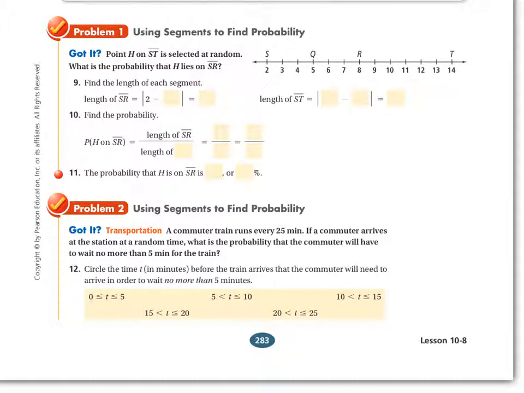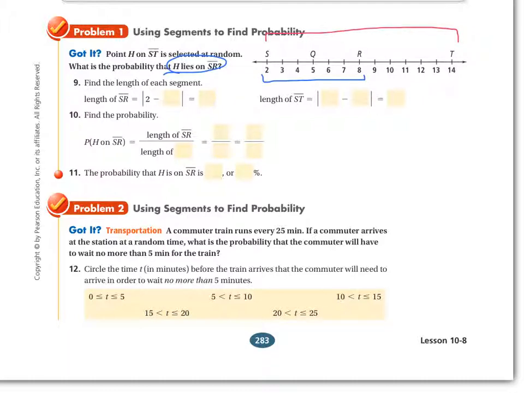So for problem 1, we want to know point H is somewhere from S to T. Do you see point H anywhere there? No. They're saying it's somewhere there. It's selected at random, and they want to know what is the probability that H lies on line segment from S to R. So what's the favorable region?